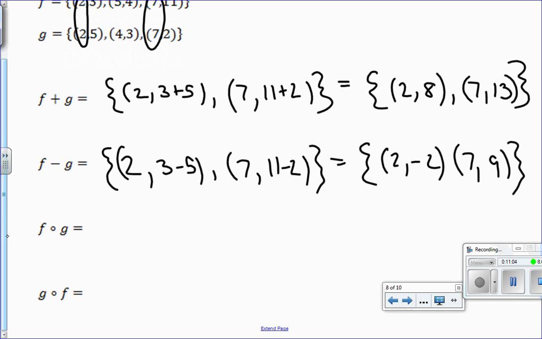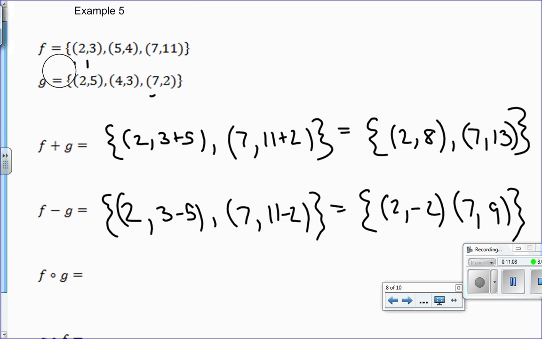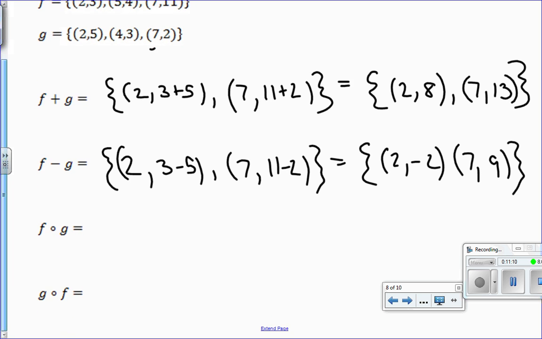When we compose these functions, let's start with the domain of the first function, which is g, and so we can put those numbers in there. So g is going to be, the domain is going to be 2, and then we will have 4, and then we can put in 7 into g.